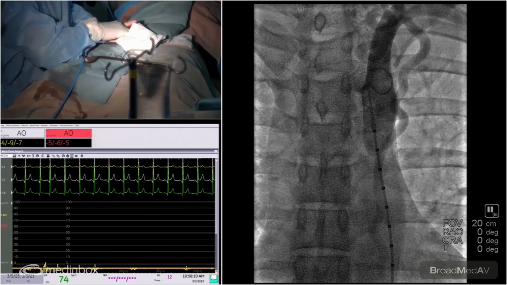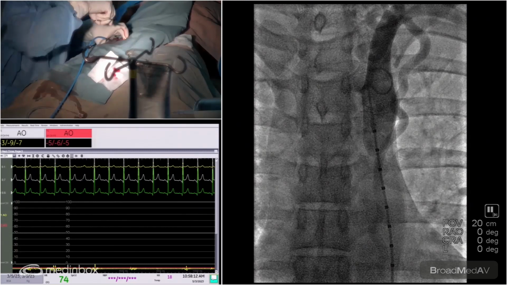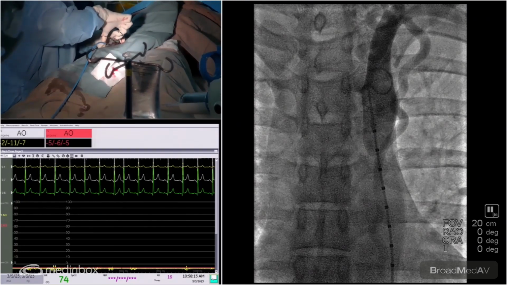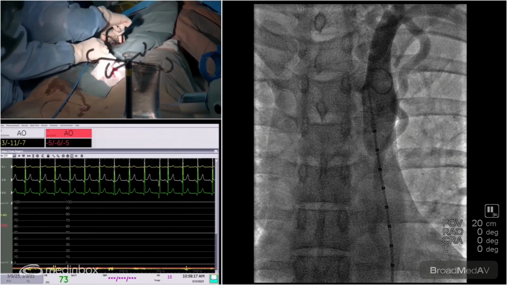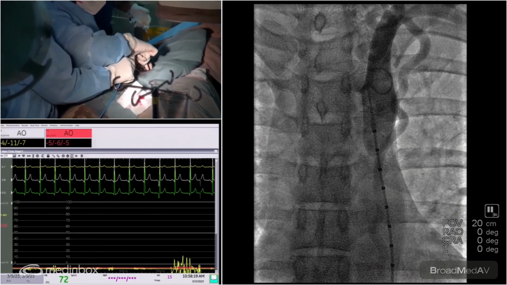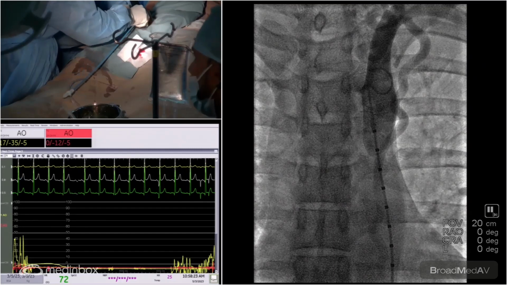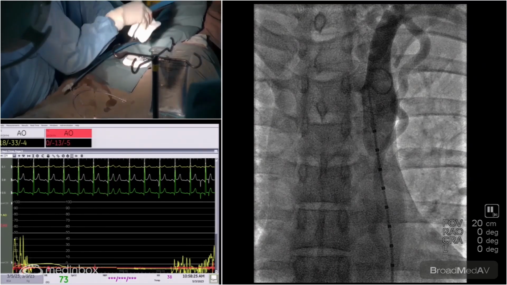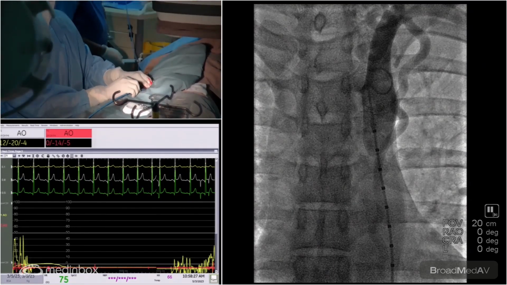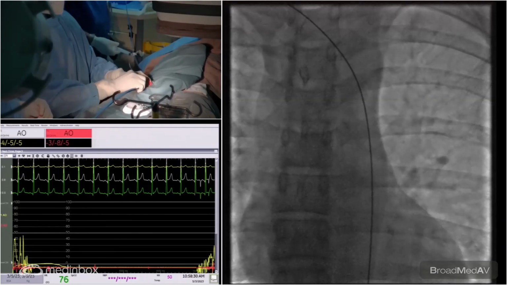Yes. Let's press here. So let's cross the coarctation.